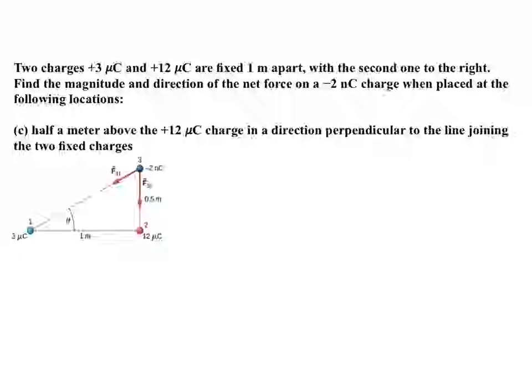The charge separation, Coulomb's law still, we can't lose sight of the fact that Coulomb's law requires the product of charges, which I'll just call charge A and charge B, and the square of the distance between them. So that's a general statement.